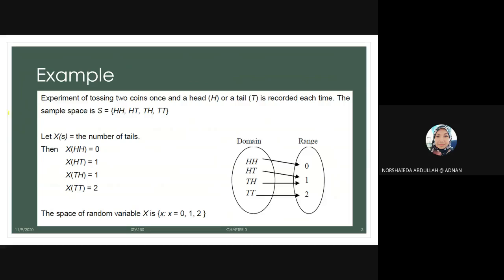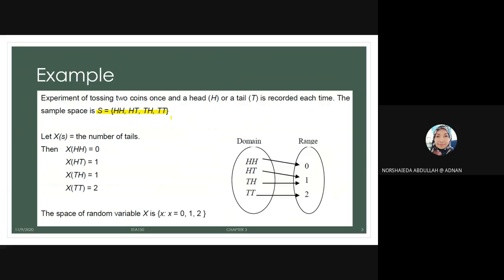So the sample space, or the possible outcome, is either both head, first one head second tail, first coin tail second head, or both tail. Okay, so how to get the sample space? For this one, you can actually draw a simple tree diagram to get the possible outcomes, right?